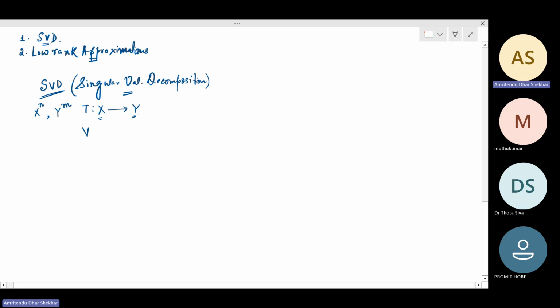So we have a matrix V, which is an orthonormal basis for X, so it is an orthogonal matrix of dimension n cross n. And U is an orthonormal basis for Y.